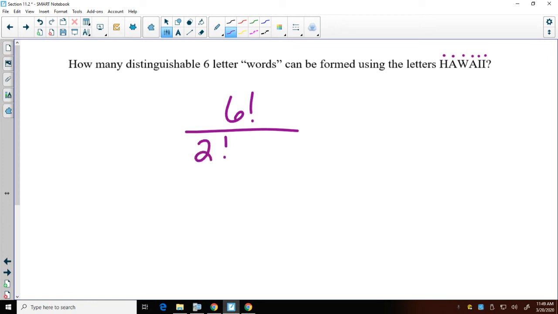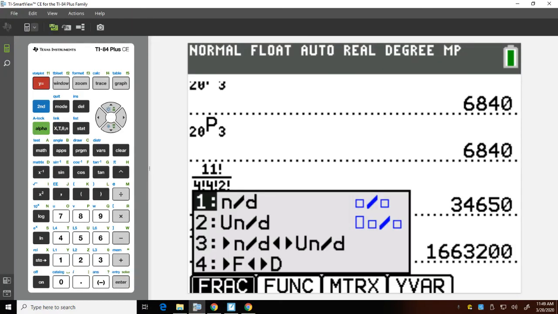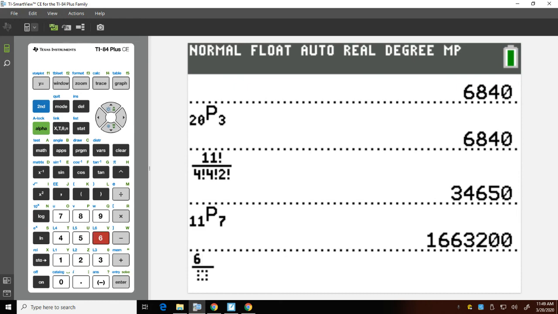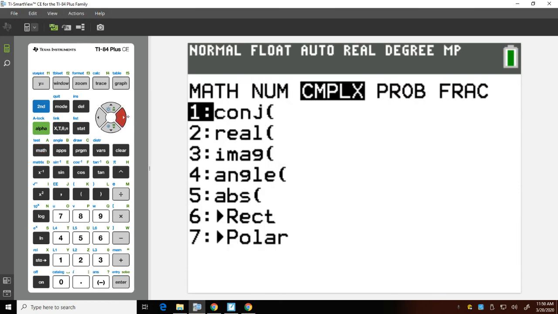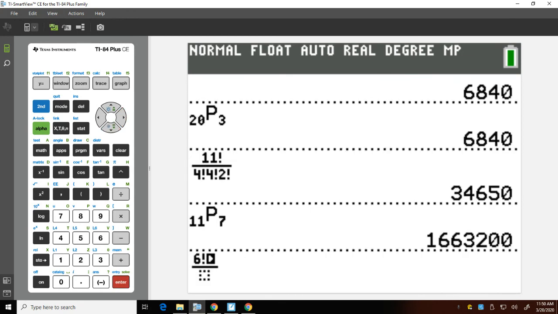The W is not a duplicate. The I's are duplicates, and there are 2 of those, so that's another 2 factorial. So this is what we're going to put into our calculator as a fraction, 6 factorial over 2 factorial times 2 factorial. So calculator, alpha y equals 6, math, prob, factorials.